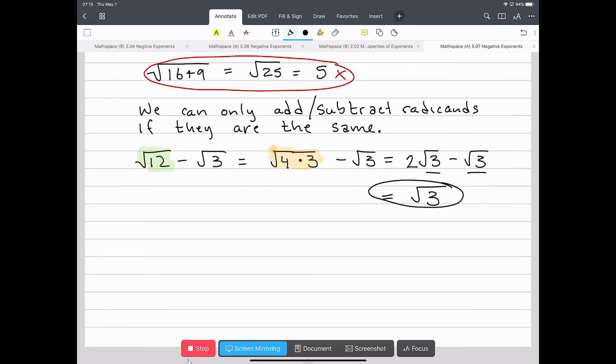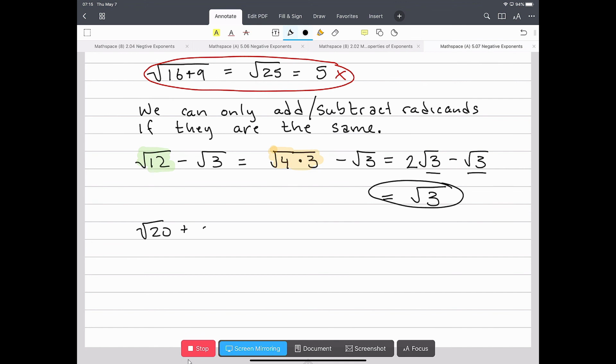I'll do it with another problem just to finish this off, so you can see this in action again. So we've got the square root of 20 plus 2 square roots of 5. I'm going to re-express this as the square root of 4 multiplied by the square root of 5 plus our 2 square roots of 5.